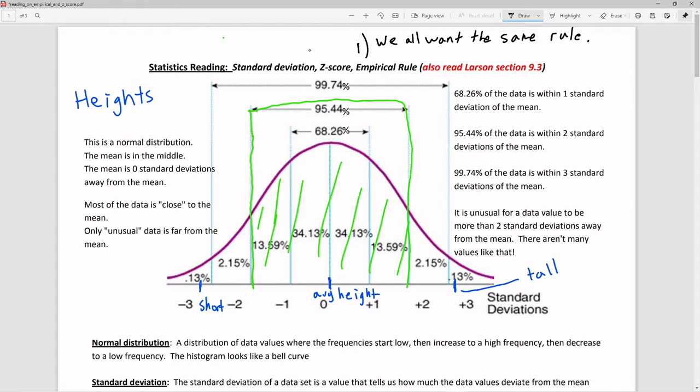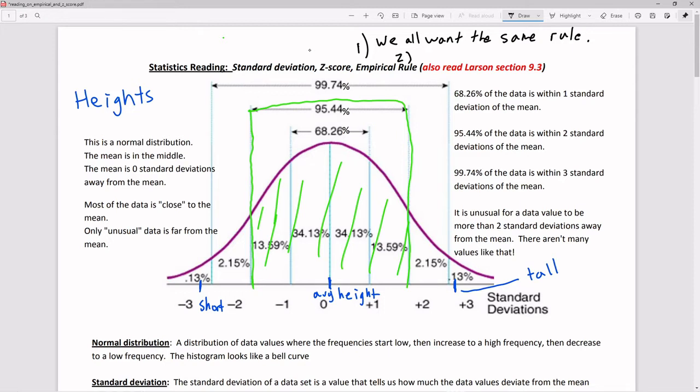And then the second reason is, for things like height, it's not too bad to do this. But in general, our brains are kind of bad at this when the numbers we're looking at aren't as obvious.